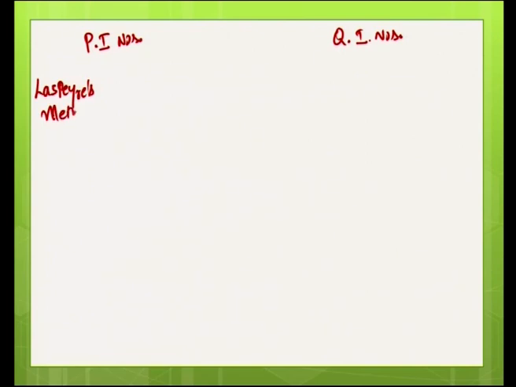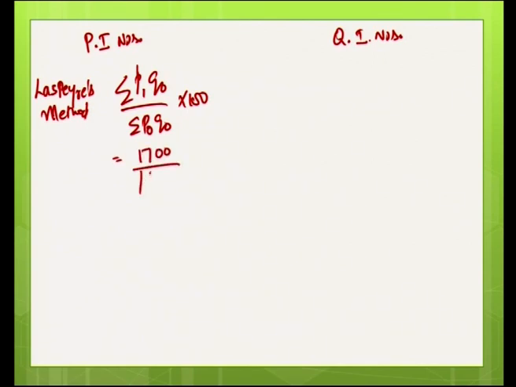Laspeyres method is summation P1 Q naught by summation P naught Q naught into 100, and the answer is 1700 by 1680 into 100, which is equal to 101.19. The quantity index number by Laspeyres method is summation Q1 P naught by summation Q naught P naught into 100.